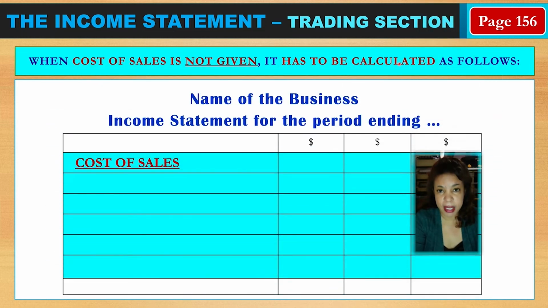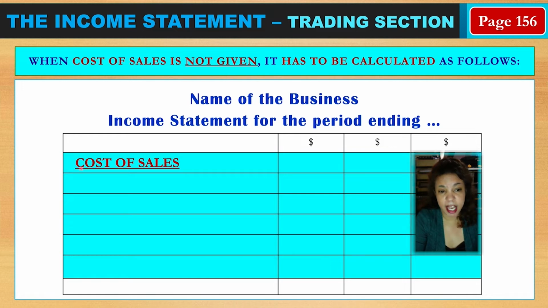The format, so you would have net sales, you would have less cost of sales, but this here is how we are going to calculate cost of sales. I just want you to notice something. When we are doing the actual format, you would have less here.